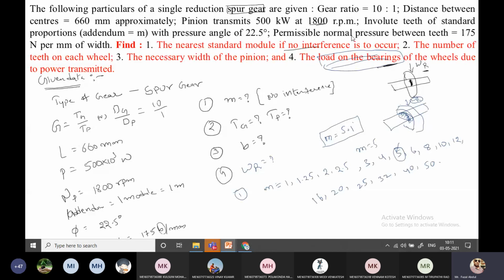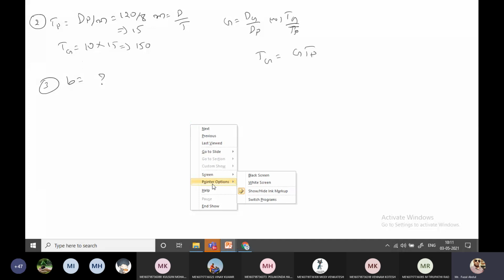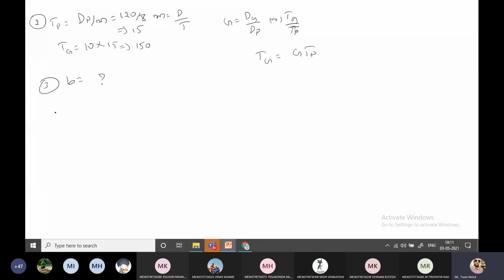Permissible normal pressure between the teeth is 175 N per mm. So I am taking that statement to calculate. Normal load is given as 175 N per mm. With this relation we can calculate. Now see here, this is the one tooth.